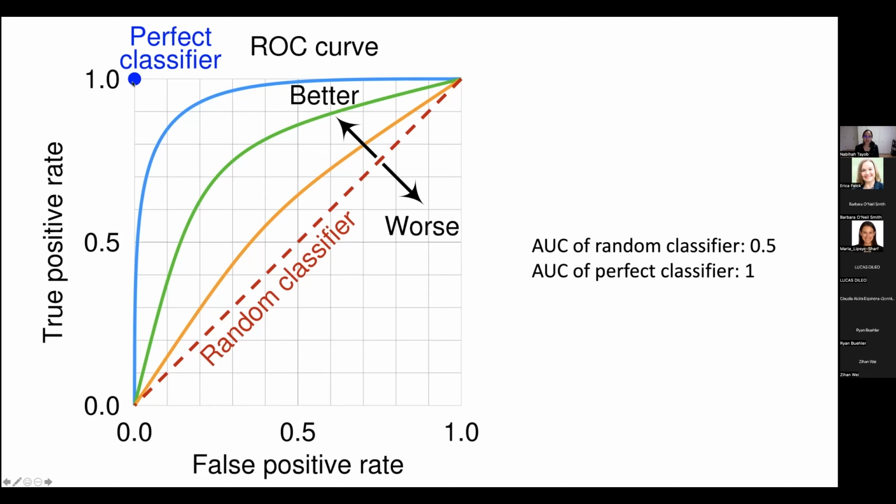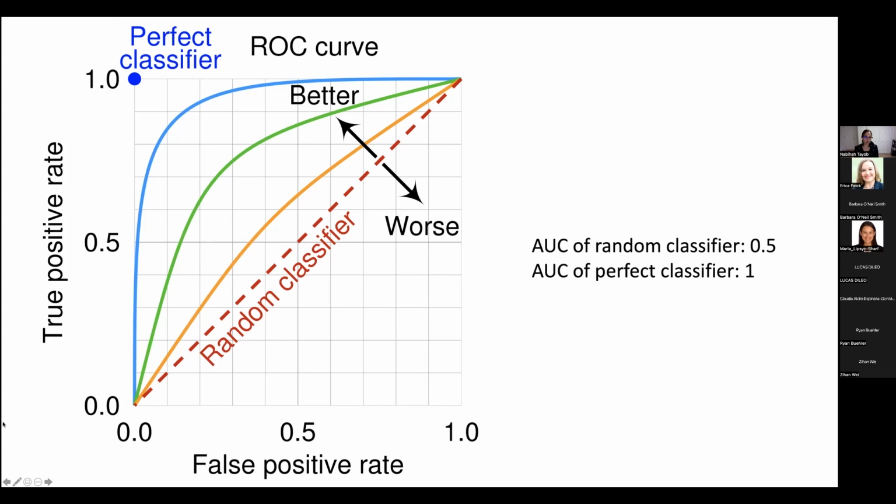This does not exist, but it gives you a sense that the actual ROC curves you get are somewhere in the middle. And the closer you are to this top corner, the better the biomarker is. The closer you are to this random classifier, the poorer the performance of the biomarker. So you can see why the area under the curve is a useful summary measure, because the AUC of a random classifier is 0.5.